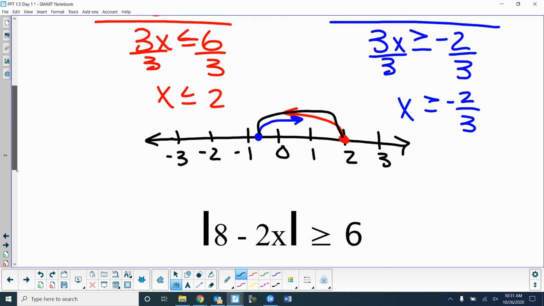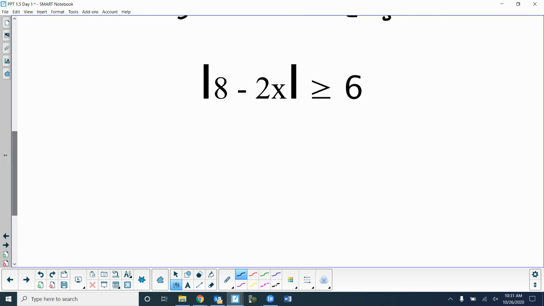Okay? Connor, what are my 2 problems? Negative 2x is less than or equal to 6. Or no. What happened to the 8? Add it to the 6. Well, eventually, but let's just write the 8 minus 2x. All right, 8 minus 2x.